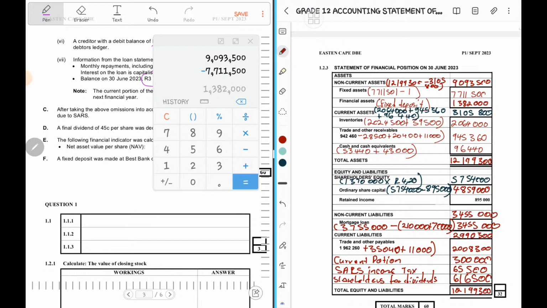You are correct there, Simpiwe. Thank you, I've fixed it. It should be 230,000, not the 210 there. Sorry there.